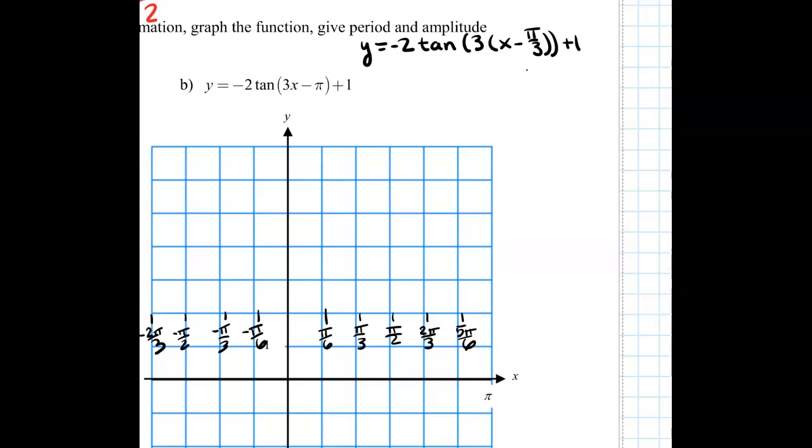So, again, my transformations are going to be right pi thirds, a horizontal shrink of 3, multiply your y's by -2, otherwise known as the negative is going to reflect over the x-axis.